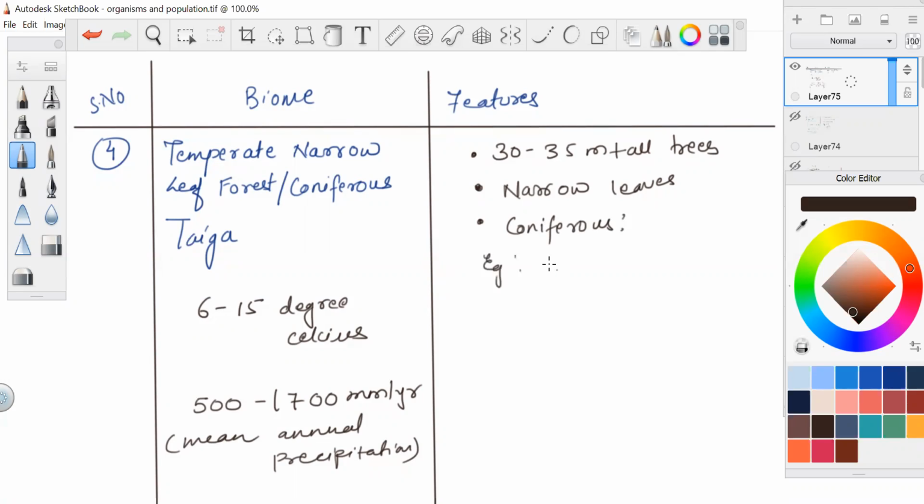Examples: deodar, all the pines, pinus, spruce, silver fir, cypress.